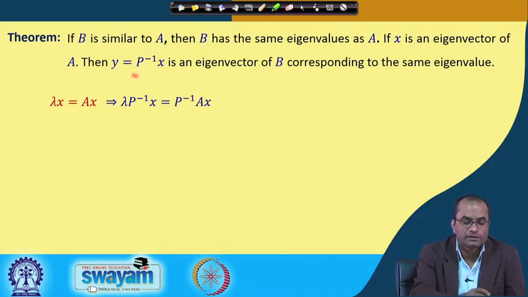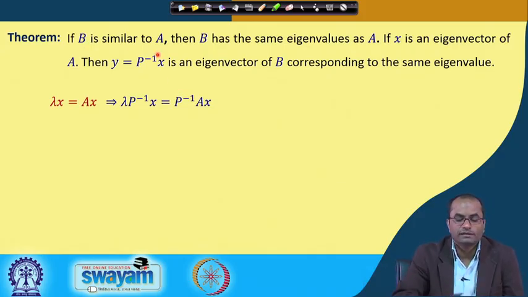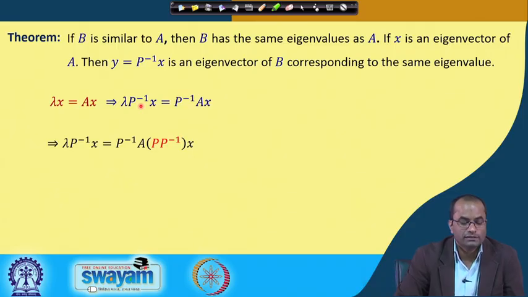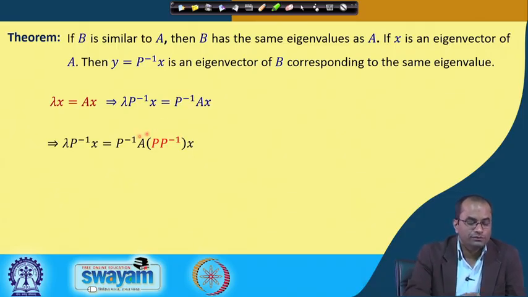P is that matrix which we are talking about in the similarity. So, we have P inverse A x, and on the right hand side also P inverse. The lambda is a constant, so we have P inverse x there, and then what we do, we have here lambda P inverse x the same, and in the P inverse A, again we introduce the identity matrix.